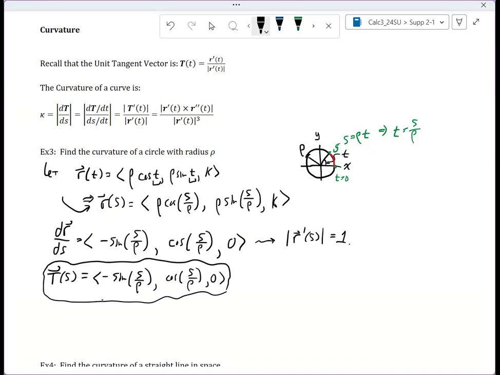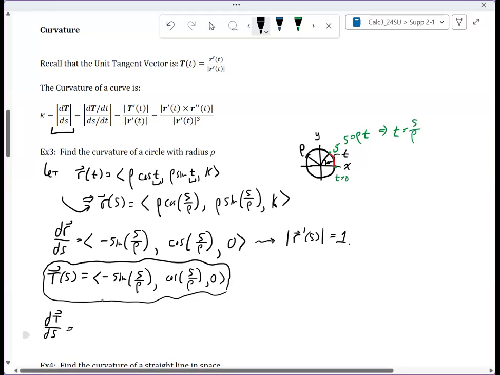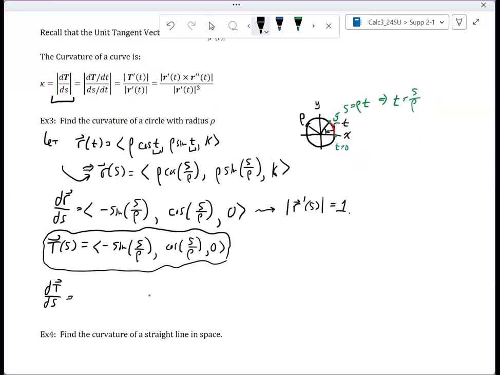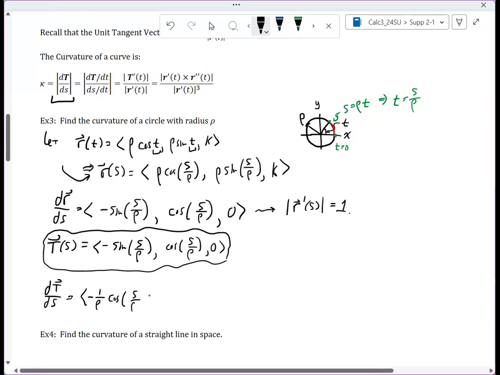And now I don't have to use any of these formulas that have the t's in them. I can just directly use my curvature formula: dT ds, take the length of that. So what is dT ds, or big T prime of s? Again, if I differentiate the first component, the sine differentiates to a cosine, and I get a factor of 1 over rho that pops out.